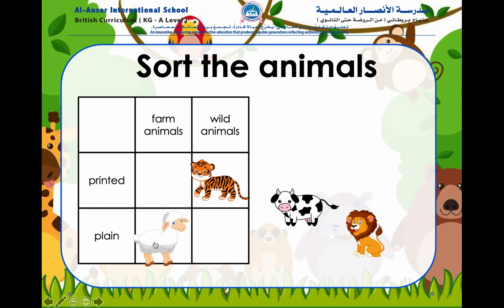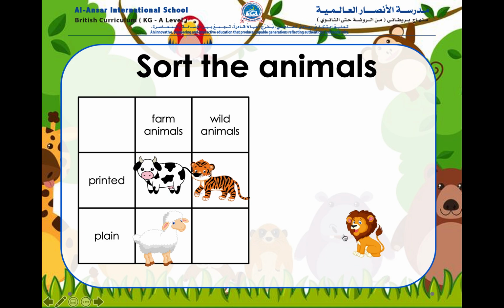Very good. Now let's look at this cow. Does the cow have any print on it? Yes, it does. And is it a farm animal or a wild animal? It is a farm animal. So we are going to put it in the block that says farm animals and printed.